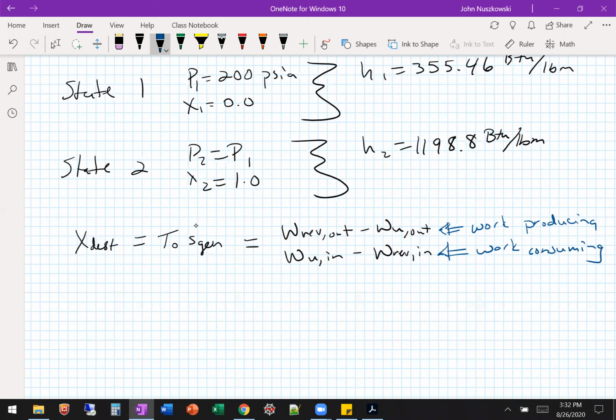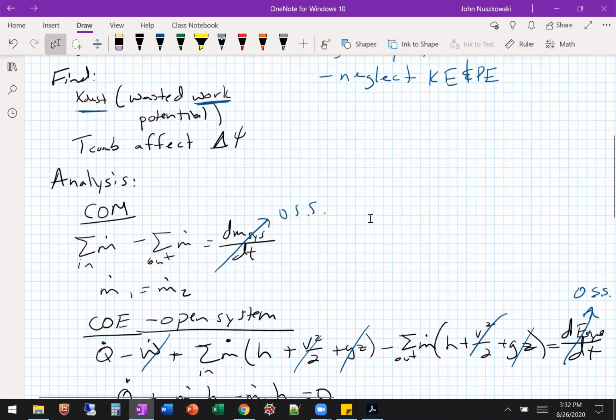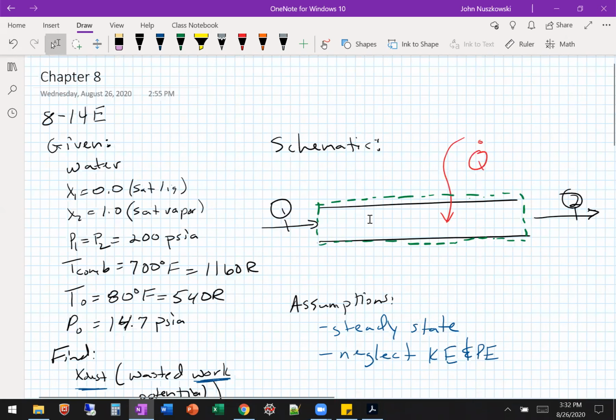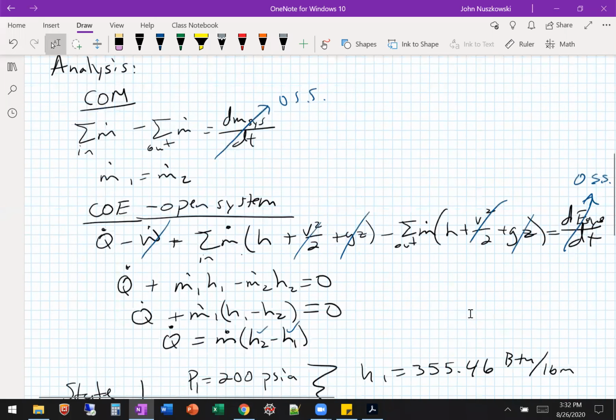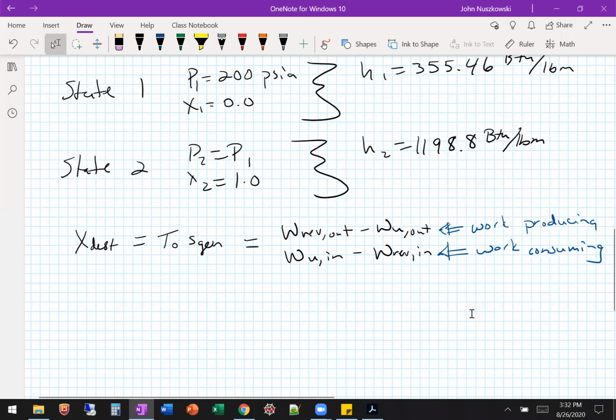Which one do we have? That's a tough one, right? So if we look at our diagram, there's no work, right? So it's not work producing or work consuming, but we could just look at it and say, oh, it's a work producing device, but work useful is 0. So then our x destroyed would just be work reversible out.